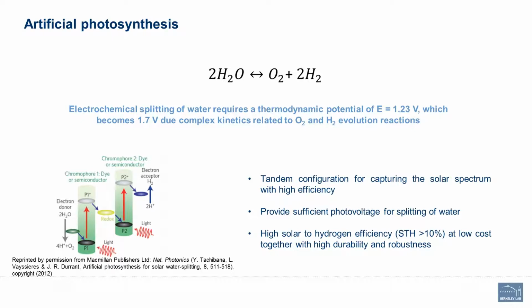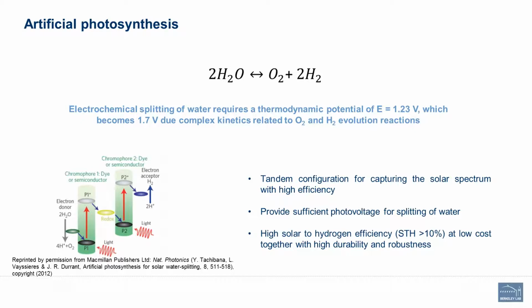However, to split water electrochemically, we need a thermodynamic potential of 1.23 volts, which becomes 1.7 if we consider the complex kinetics that are related to the oxygen and hydrogen production half-reactions.